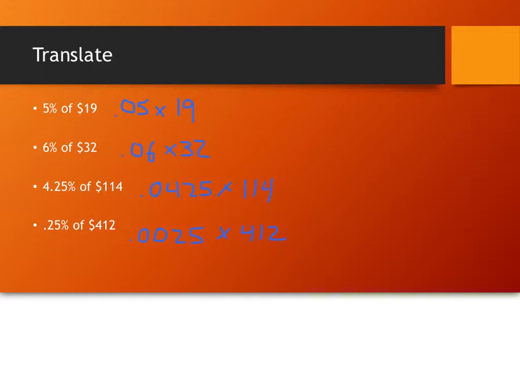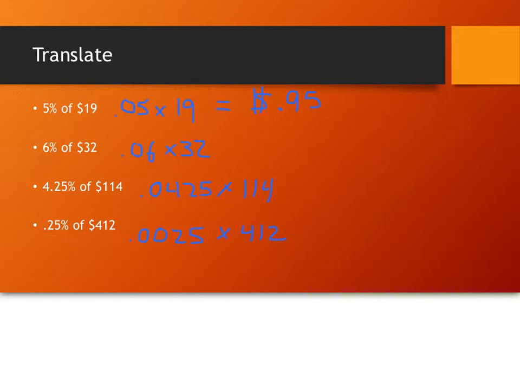So if you take 5% of 19 back at the top there, you're going to get 0.95. And since this is in dollars, this is going to be 0.95 of a dollar. Notice that is not $95. And by the way, the notation here, we want to have 0.95 of a dollar. That is not 0.95 cents. 95 cents is 0.95 of a dollar.